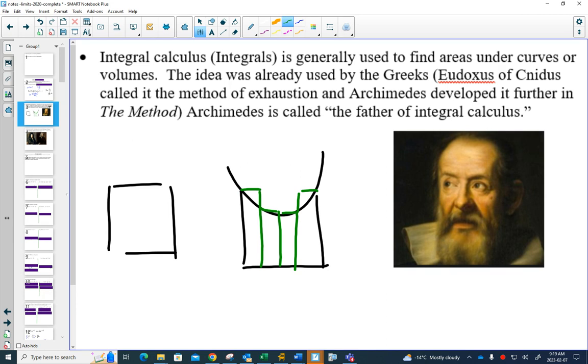What would make it a better estimate is if I maybe made 8 rectangles, because then I could do them in blue. Oh yeah, look at that. Now, if I figured out the area of those 8 rectangles, that would be closer.